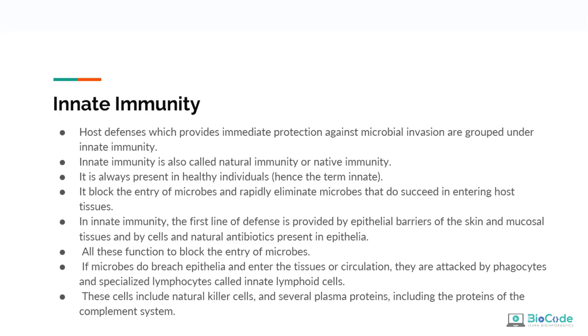If microbes do breach epithelia, if they cross the epithelia and enter the tissue or circulation, they are attacked by phagocytes and specialized lymphocytes, which are called innate lymphoid cells. These cells include natural killer cells and several plasma proteins, including the proteins of the complement system.